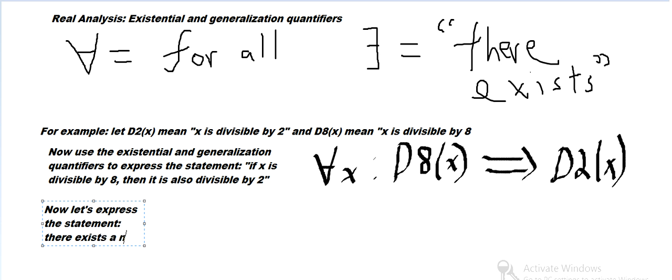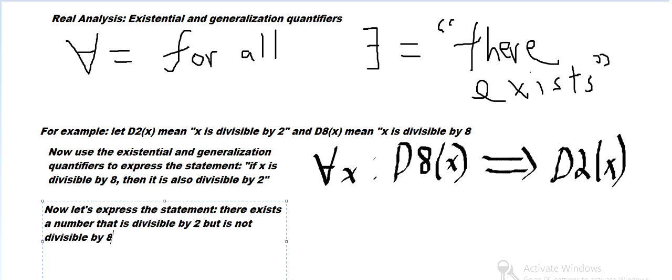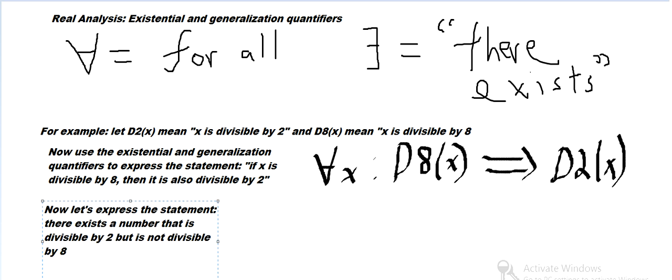There exists a number that is divisible by 2, but it is not divisible by 8. So for example, 6, that would be an example. 6 is divisible by 2, but not by 8. So there is some number, that's the exists.